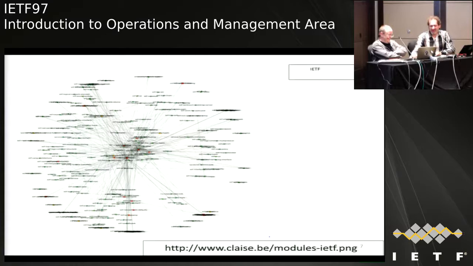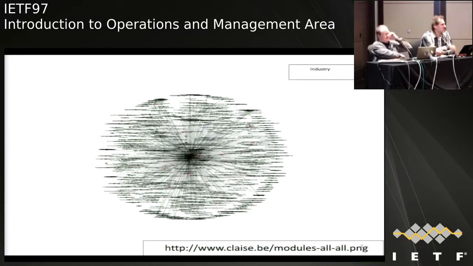And if you're not convinced yet that we've got many YANG models in the industry, this is the graph. The issue we have right now is that all these models come at the same time. They should be working together, and we should standardize them as soon as possible. This is the justification why the IESG has to focus on YANG, not only for the OPS area, but for all the working groups.